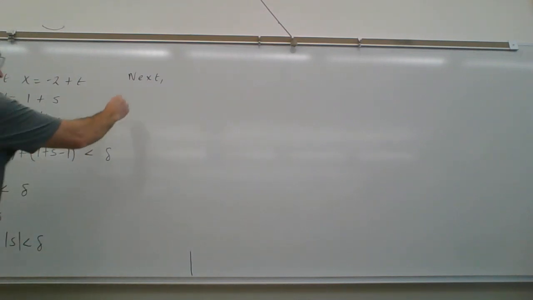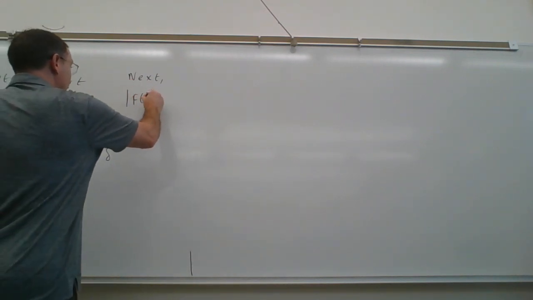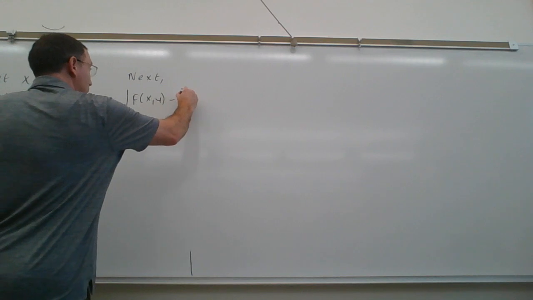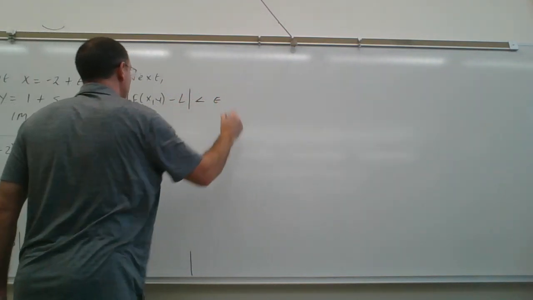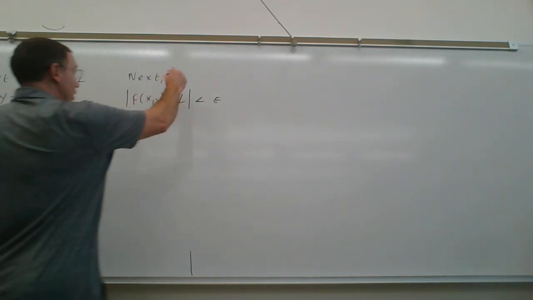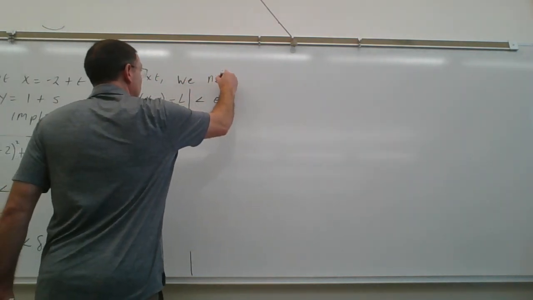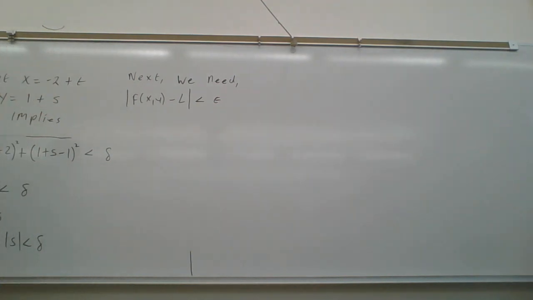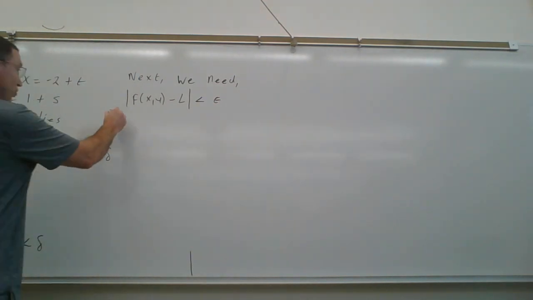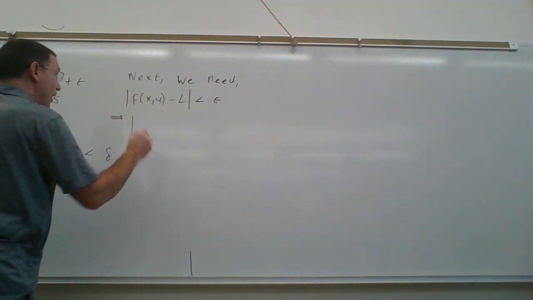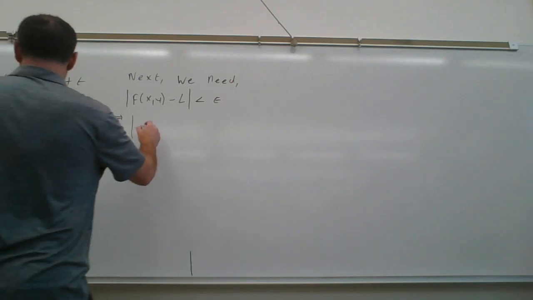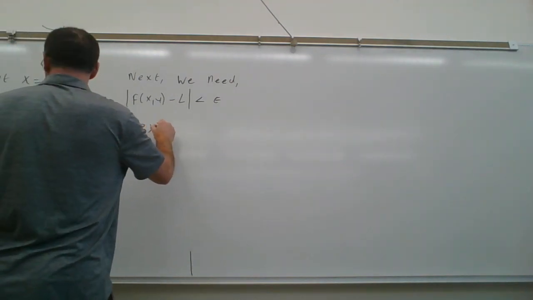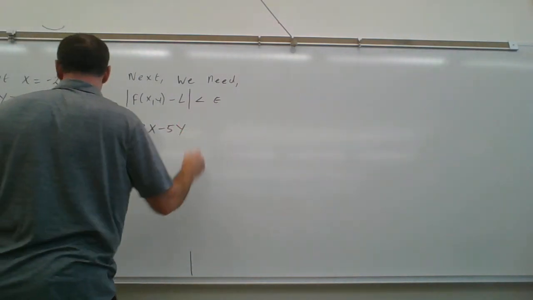So we're going to be looking at the absolute value of f(x,y) minus L. We want this to be less than epsilon. So in our case, making substitutions for the f and L, the f, I'll write it up here, as I mentioned already, is 3x minus 5y.